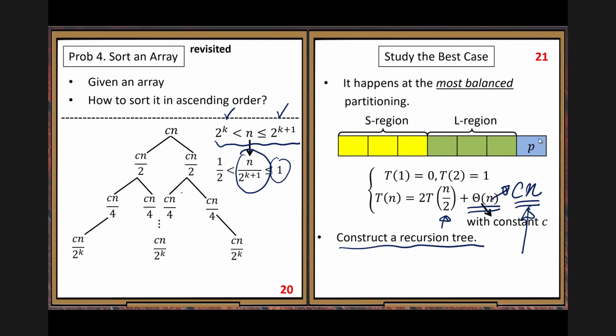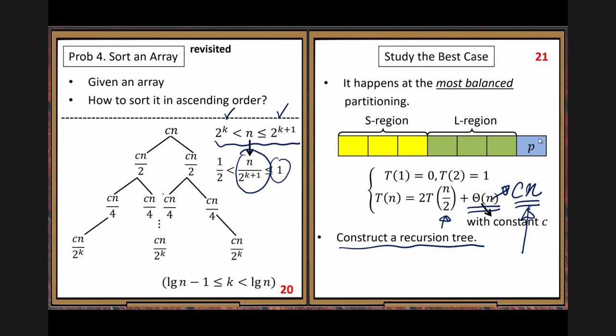Third level, each node Cn over 4, but you have 4 nodes, so in this level you still get Cn, and so on. So if you accumulate non-recursion cost in all levels, each level is Cn.